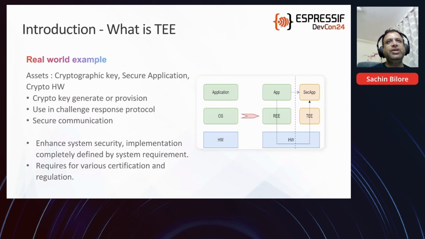For example, device attestation, which is used in recently launched Matter protocol. Managing the debug ports securely on the production devices. Secure keys also used, as we know, in various communication protocols where mutual authentication and encryption of the communication is required.